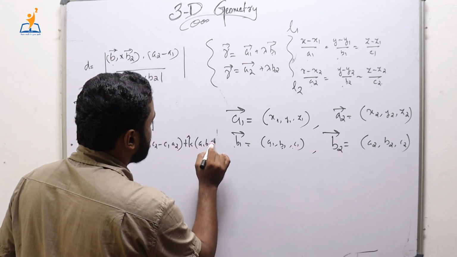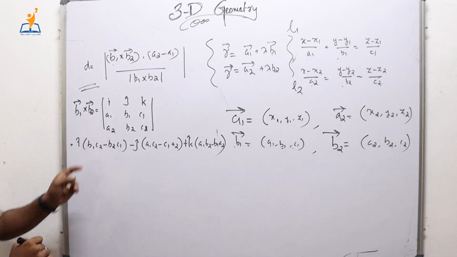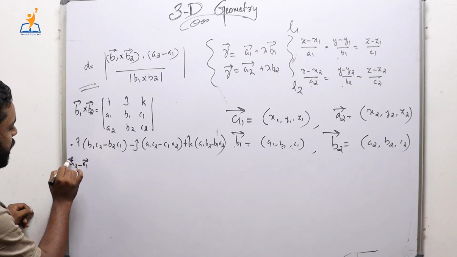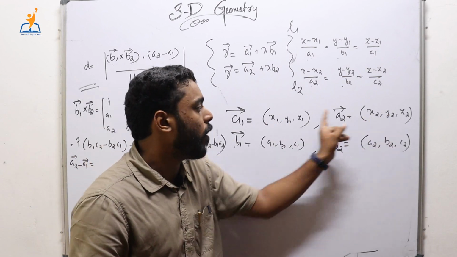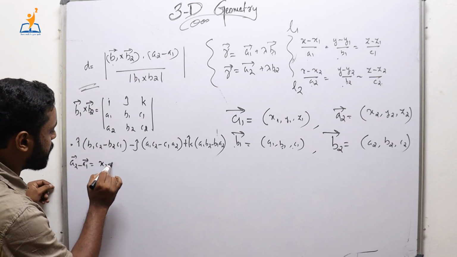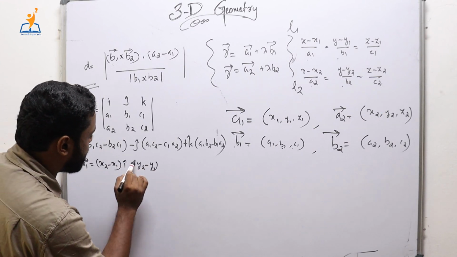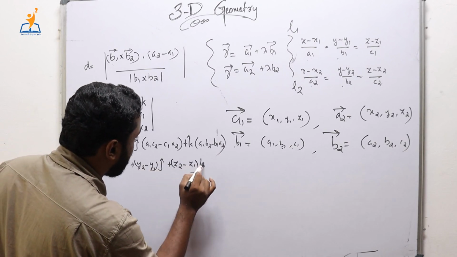So this is b1 cross b2. Now vector a2 minus vector a1 is x2 minus x1 i cap plus y2 minus y1 j cap plus z2 minus z1 k cap.